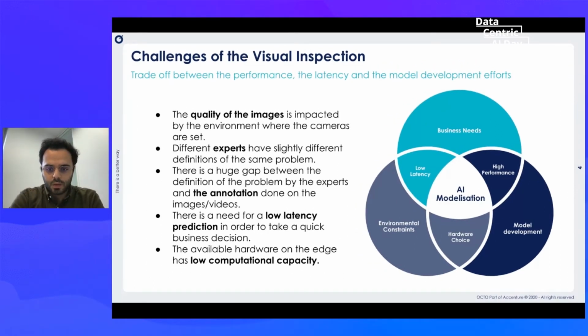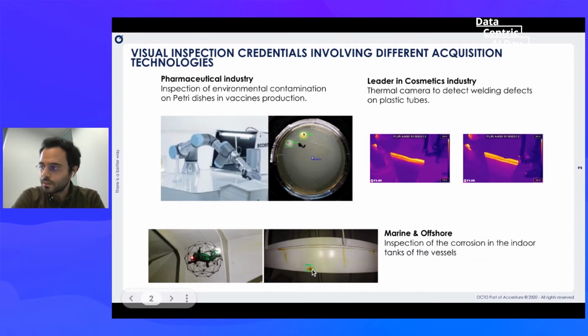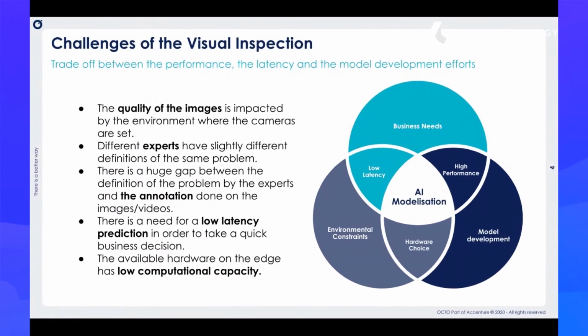When you build up a visual inspection system, for example, here with the drone, in order to detect the corrosions, you will interact with the business or with the experts that will tell you, okay, this is a corrosion, this is a type of corrosion, and the use case was, will I let the vessels come back to the sea or not, depending on the corrosions.